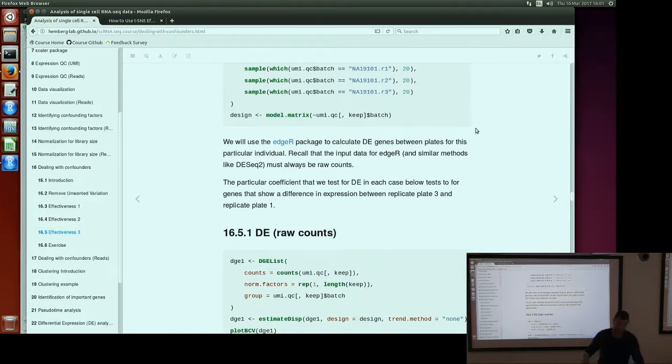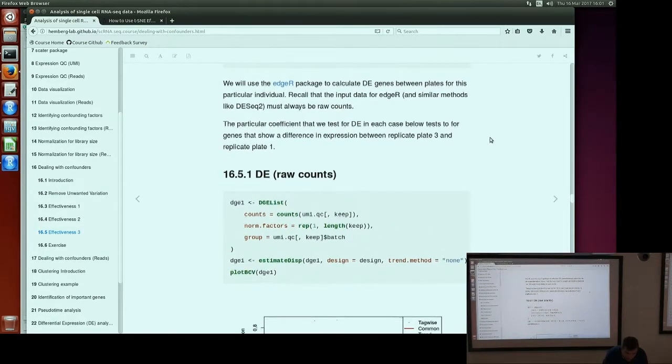And so, as we touched on before, the input data for edgeR and similar methods like DESeq2 is always raw counts. And so we account for that, as I'll describe below. So what we do, we fit the linear model, so a generalized linear model in the edgeR case.